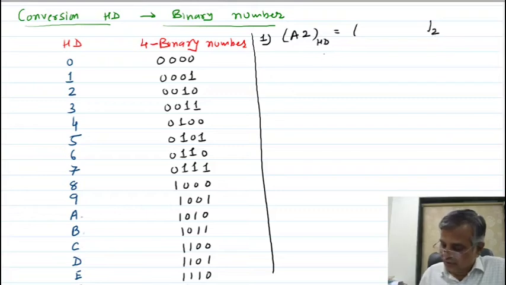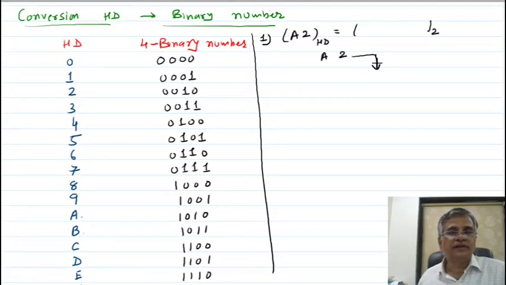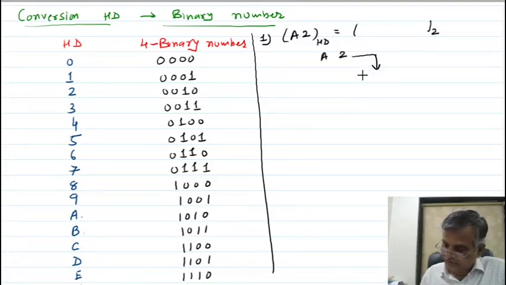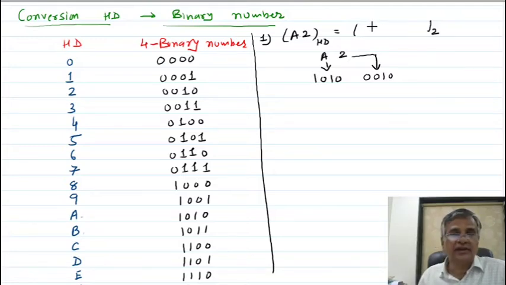So I have to write A2, then I have to mention its corresponding 4-bit binary. For 2 we have written 0010. For A, what should I write? 1010. So my binary equivalent of A2 is 10100010.